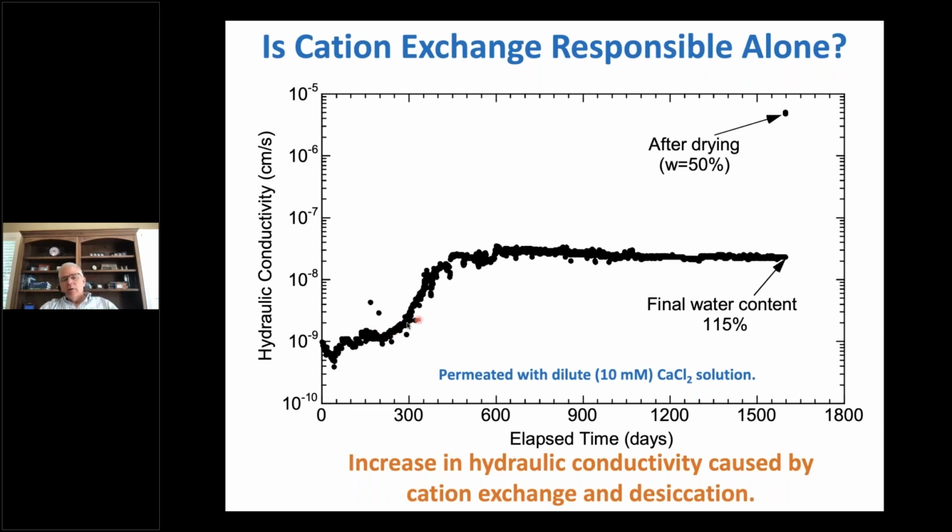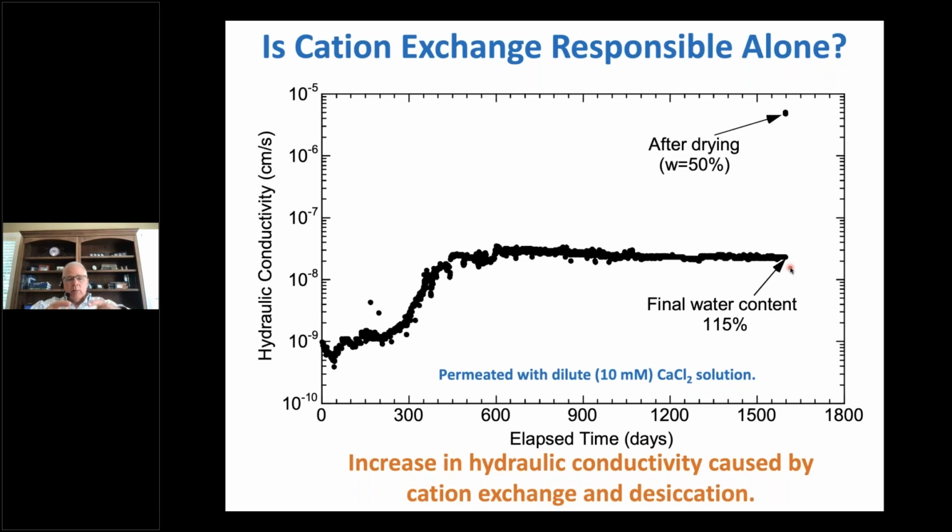But as the calcium interacted with the GCL, it became more permeable over time. Eventually, when it equilibrated with the calcium, it was 10 times more permeable, and then that leveled out, relatively constant over time. This is the kind of geochemical alteration we talked about in the previous webinar. Now, after 5 years, and that takes a lot of patience to run a test for 5 years, we took that sample out, having been hydrated and flowing for 5 years in the GCL.